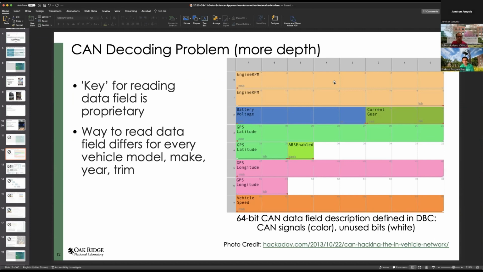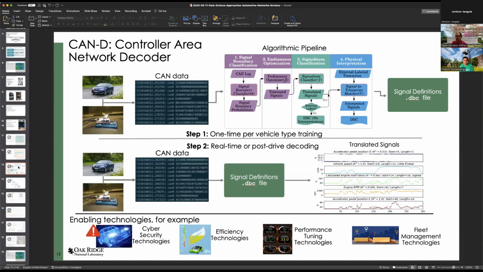What they did with this work was to reverse engineer it, and it works pretty well under certain conditions, being able to say that bits 0 to 7 are going to mean engine RPMs, or you can imagine the others. So these are really tough problems. Their focus was on using an algorithmic pipeline based on supervised machine learning. The way they correlate the bits with the semantics is by actively querying the CAN bus for some specific messages.